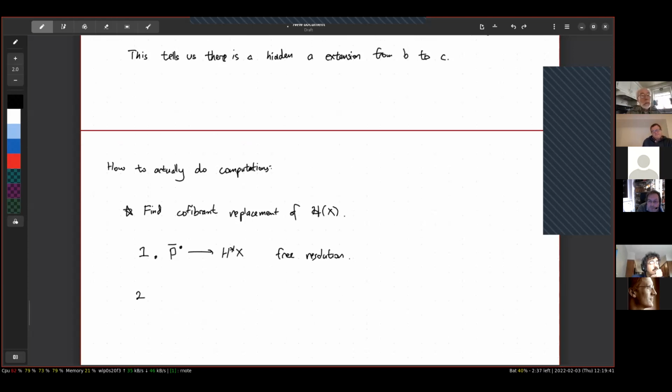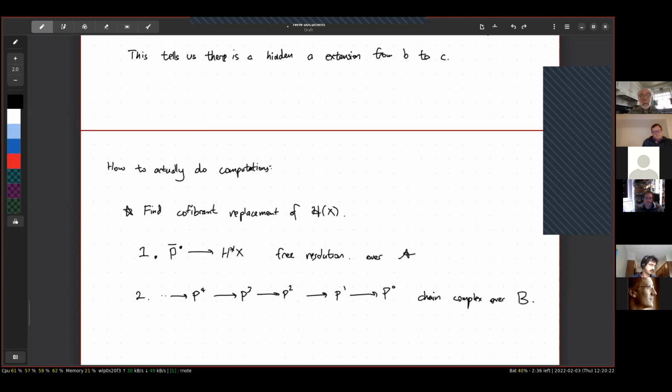The second step is that we lift this to a chain complex over B. Basically we just put in the same generators.